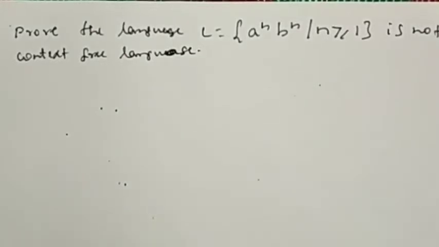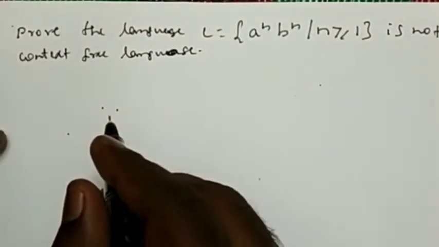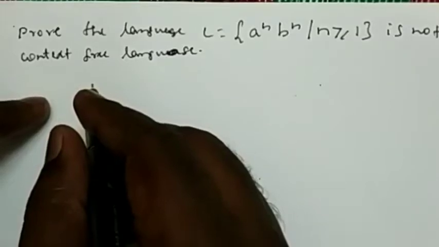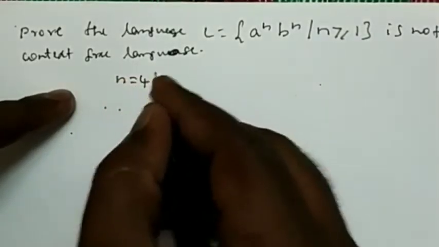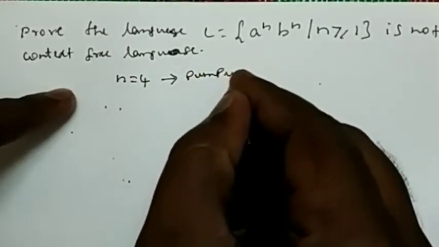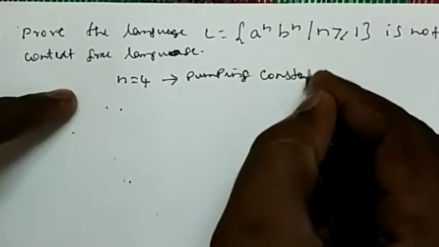Now to comprehend this problem, you have to take a positive value called n. So let us assume a maximum value called n. Let us assume that n is equal to 4, and this n is called the pumping value, or otherwise the pumping constant.